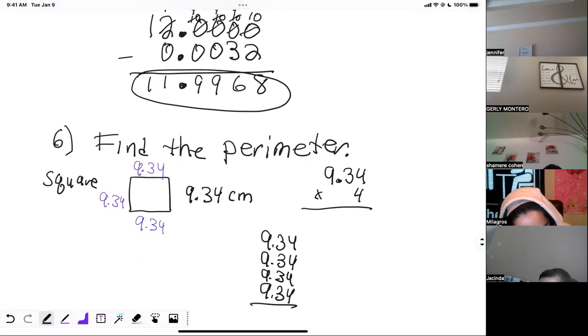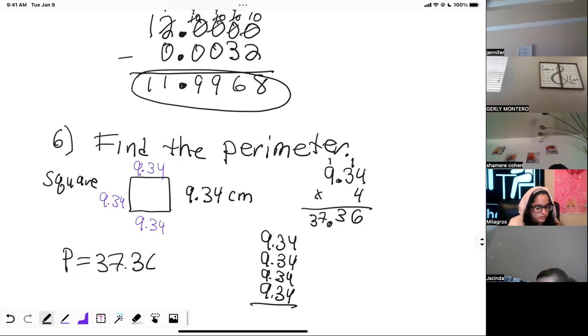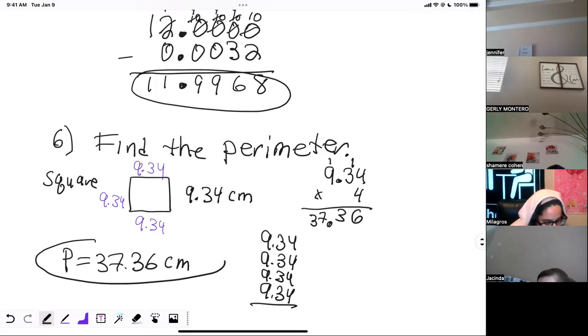Either way, you're going to get the same answer. Okay, so 9 times 4 is 36, plus 1 is 37, and 2 decimal places. So my perimeter would equal 37.36 centimeters. It's not a square, only area is a square.